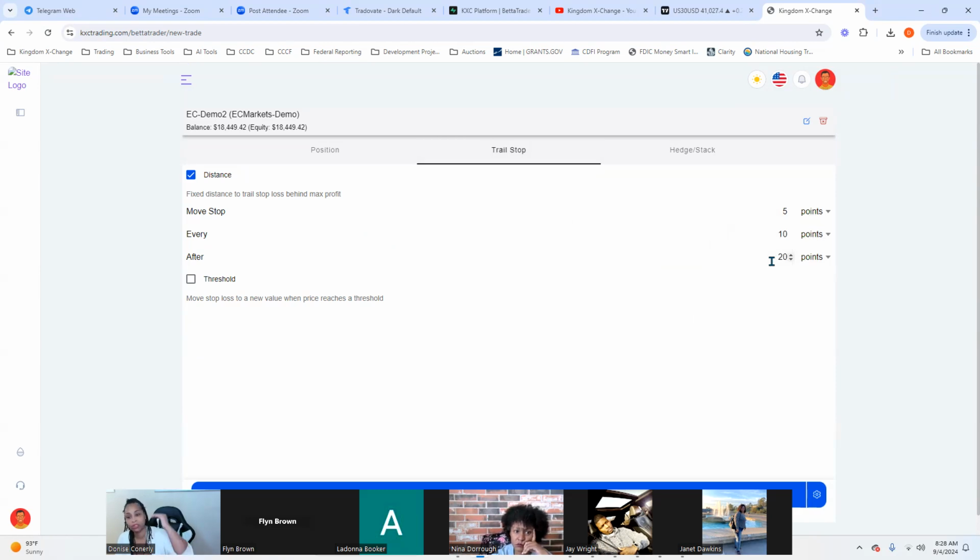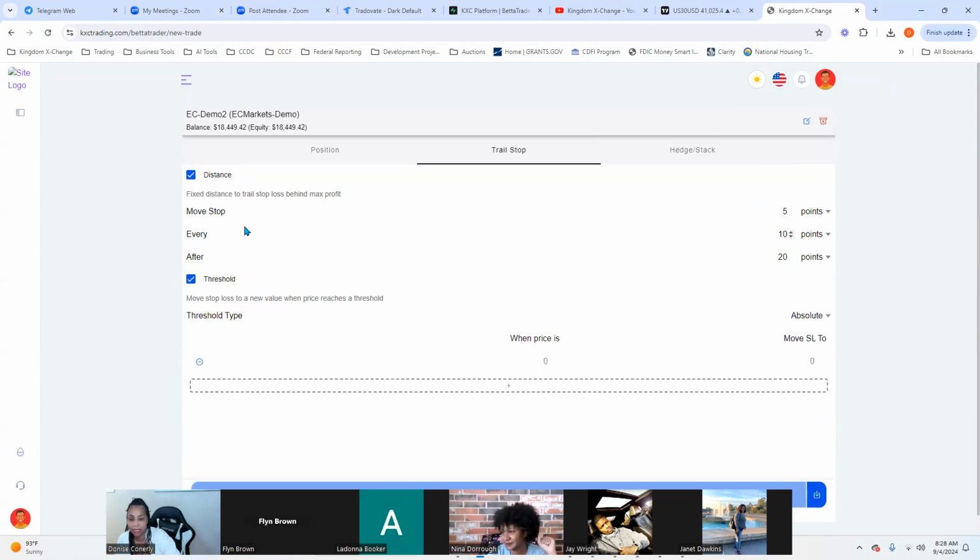And it will continue to trail it after it goes 20 points in profit. Every 10 points, it will move your profit up 5 points. So that's how you can keep your profit, and you don't have to worry about the trade. You can leave it and forget it.